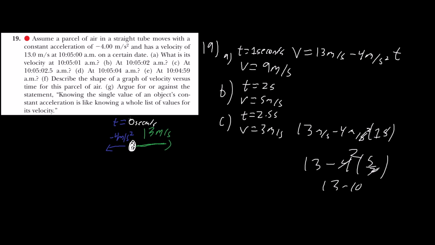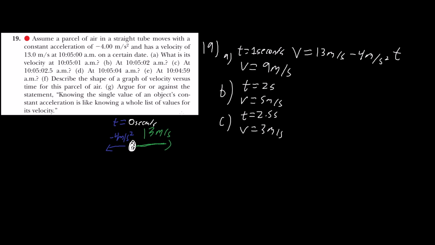That's part C. And at part D, at t equals 4 seconds, notice that at 3 seconds it would be 13 minus 12, which is 1 meter per second.